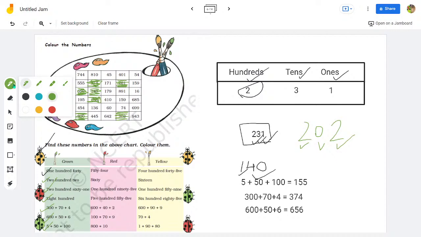Now let's come to the next set of numbers to be colored red. First of all, we have 54. That's very easy. We have 54 over here. Then the next one is 60. Okay, we can shade 60. Then the next one is 195. So here we have 195. Then we have 555. Then we have 642.